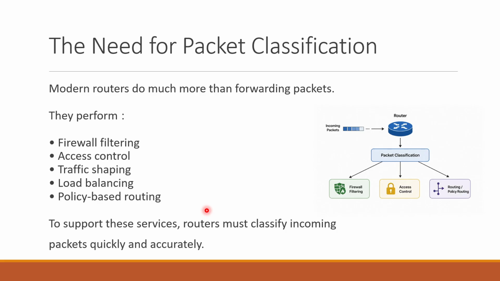To provide these services, the routers need to check packet headers and decide which rule should be applied to each packet. This process is called packet classification.